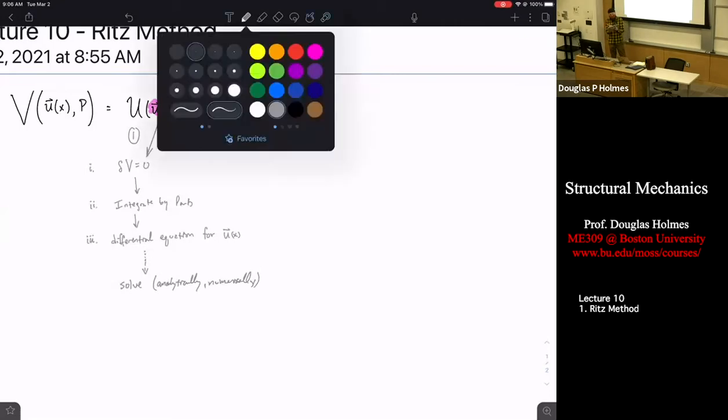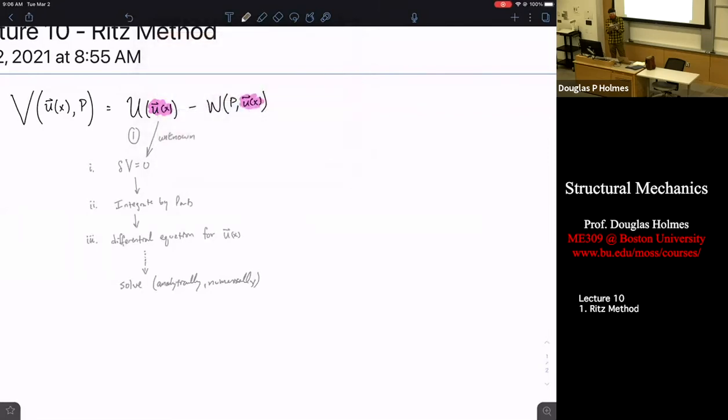Your second option is what we've been working on, which is to say that we could guess such that our displacement vector has some constants a_n times some function.